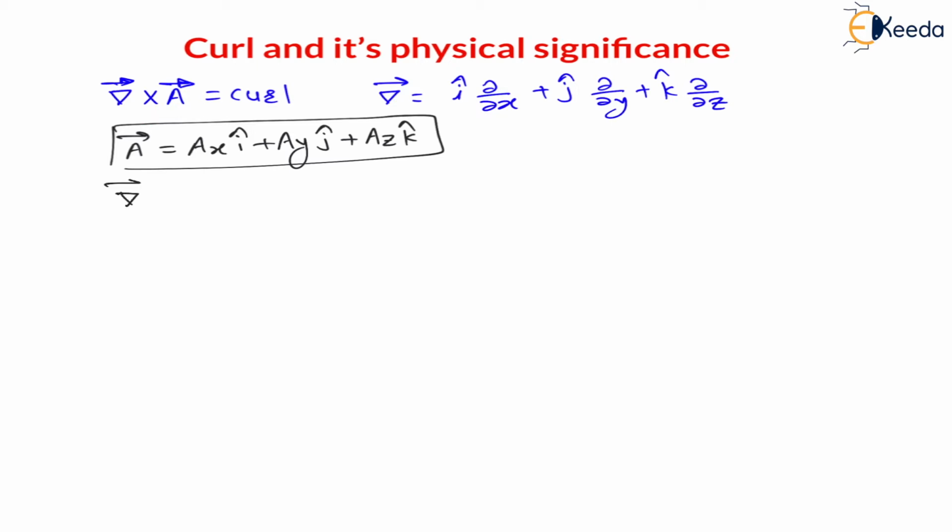Therefore the curl of vector A is always a vector quantity. So here we have to specify the direction also. With magnitude we have to find the direction also, right?